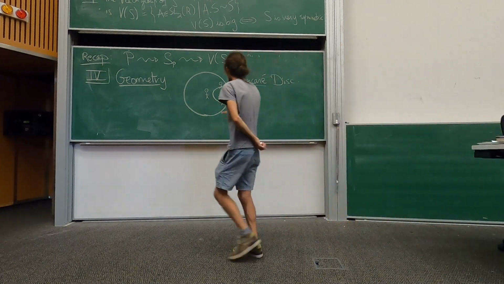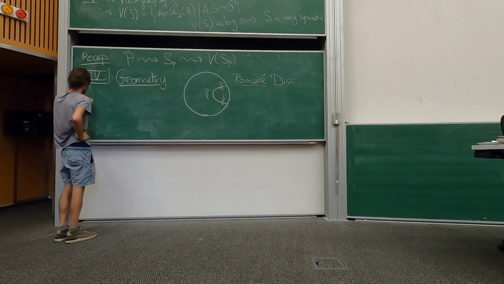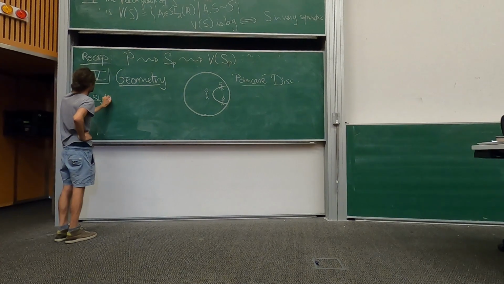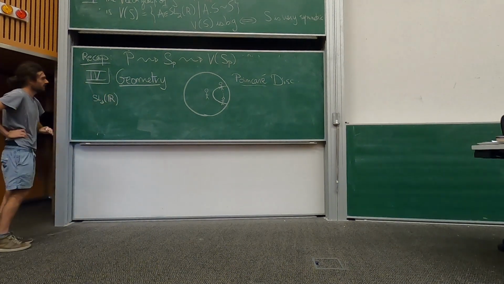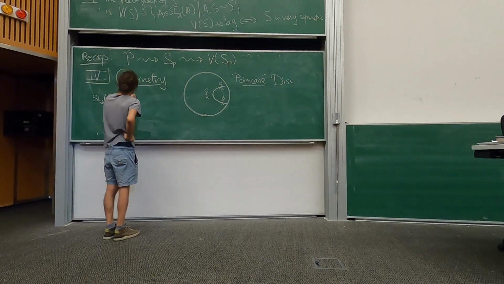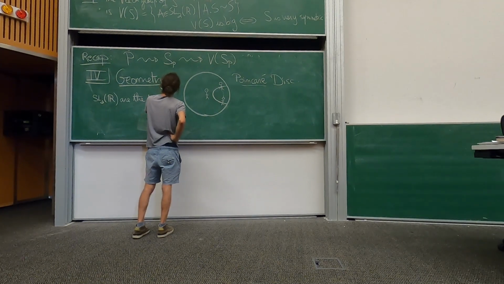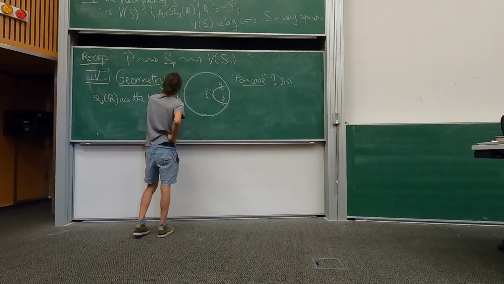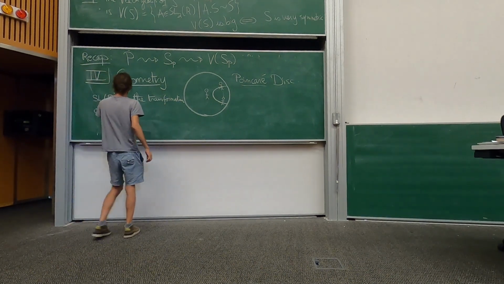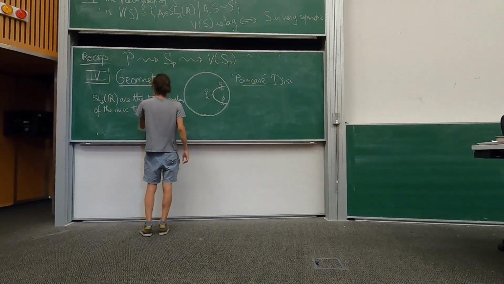Okay? And I won't say much about this geometry. I just want to say that SL2, the 2x2 matrices, are the transformations of this disk that preserve this weird distance.